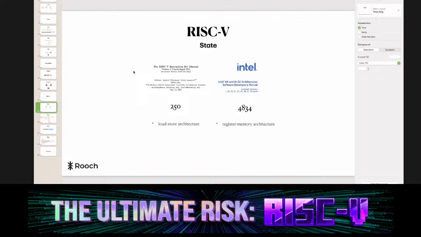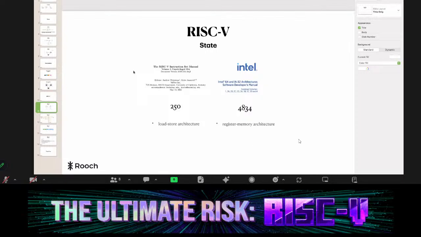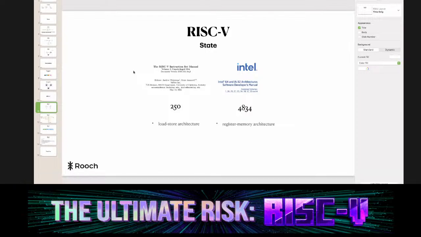I put two manuals on this page. You could see in the x86 CPU, we have to face so many instructions. We have to implement so many.